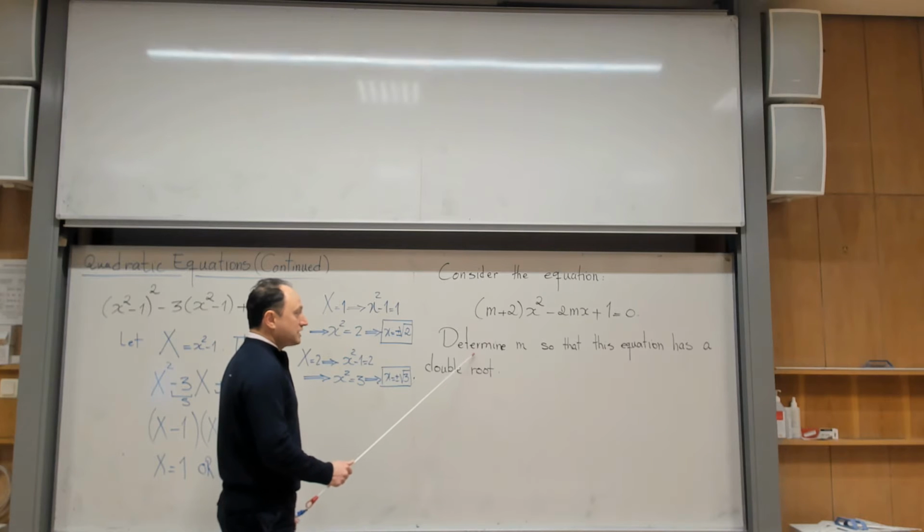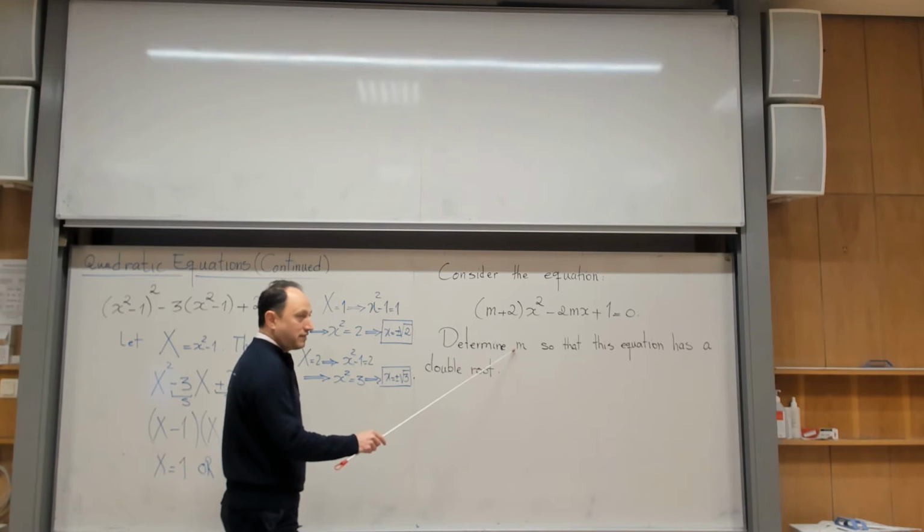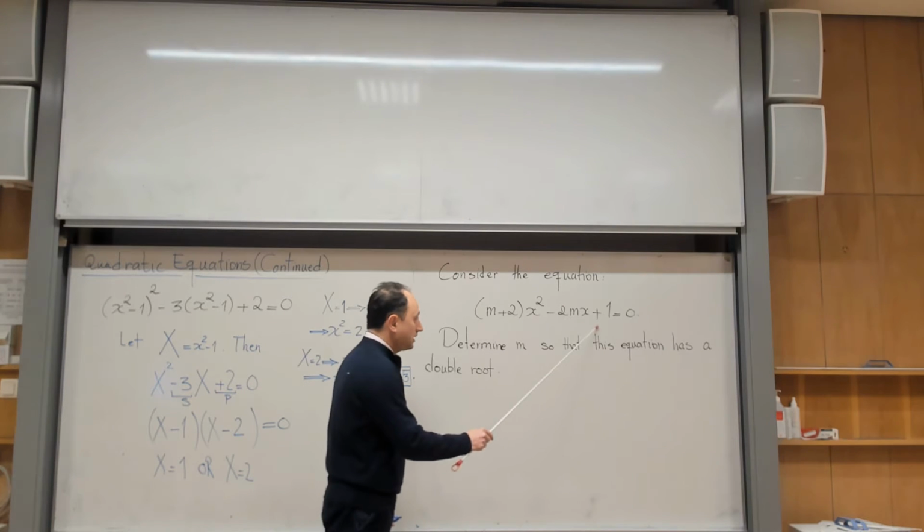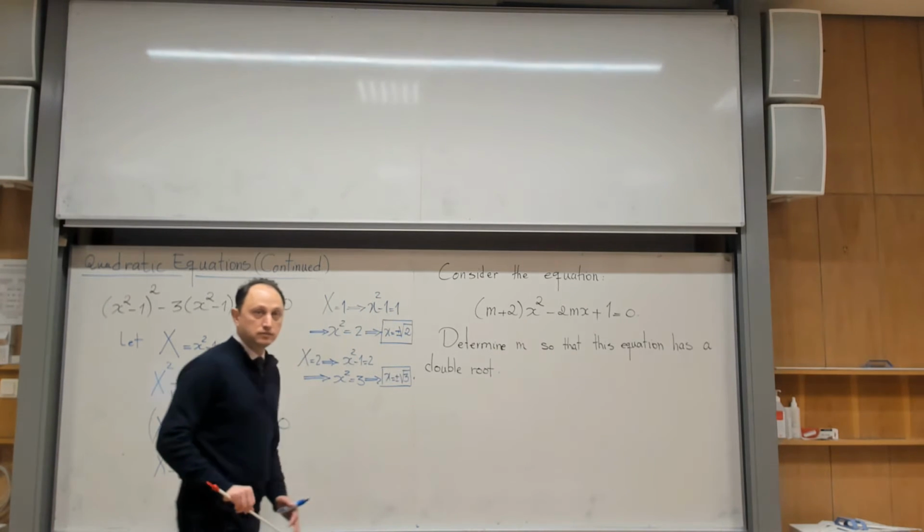But they have asked you to determine the parameter m so that if I replace m with that value you're supposed to find, this equation has a double root.